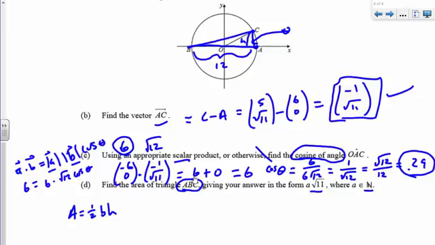So let's find theta first. Theta, based on what I see right here, is the cosine inverse of 1/12 of root 12. So let's actually figure out what theta is first. Use the calculator.